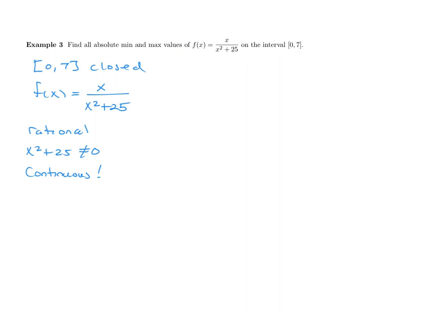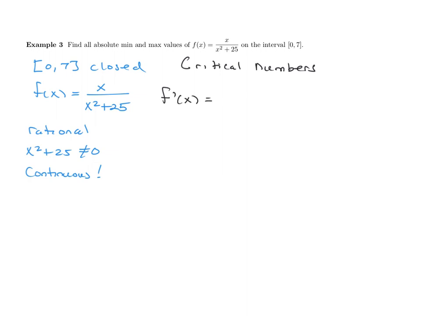So how do we actually go about finding it? The process is: find the critical numbers, put those and the endpoints of this interval in a table. Whichever is the largest is the absolute max. Whichever is the smallest is the absolute min. So let's start by finding the critical numbers. To do that, I need to take the derivative.